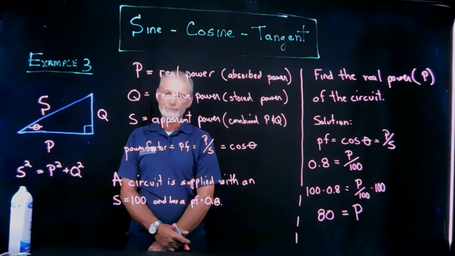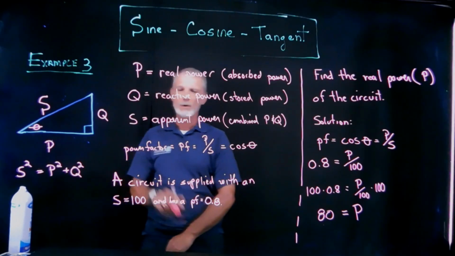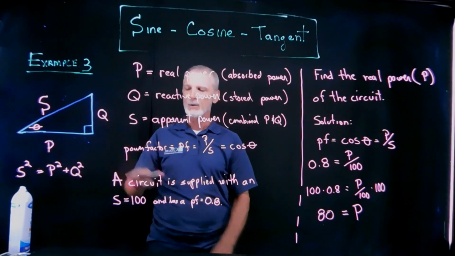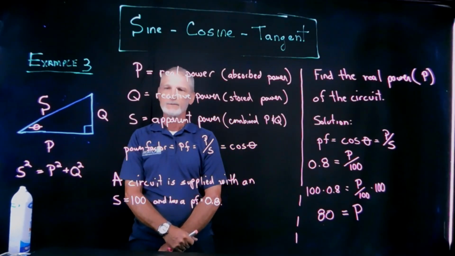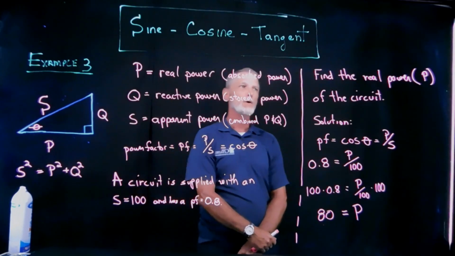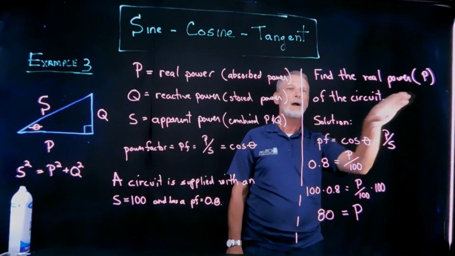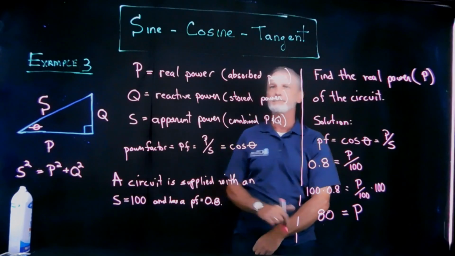So here's our question. Suppose we know that a circuit is supplied with an apparent power of 100 and has a power factor of 0.8. And what we want to do is find the amount of real power that's absorbed in the circuit.